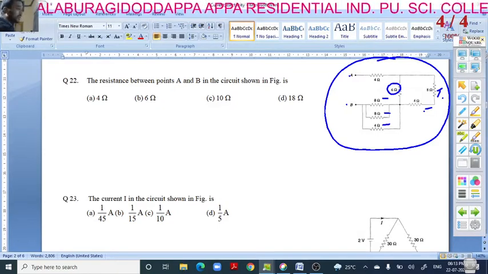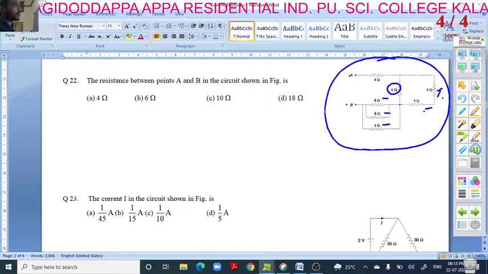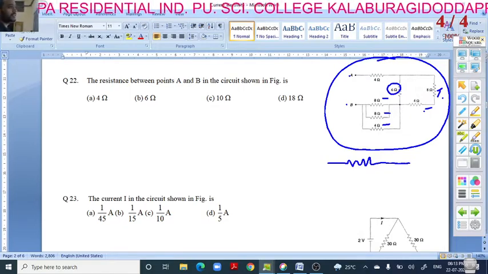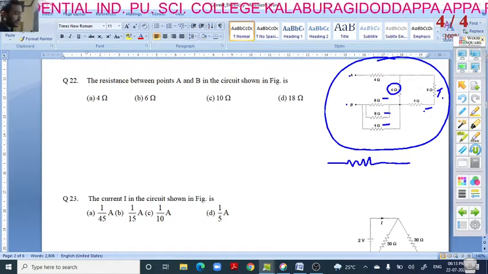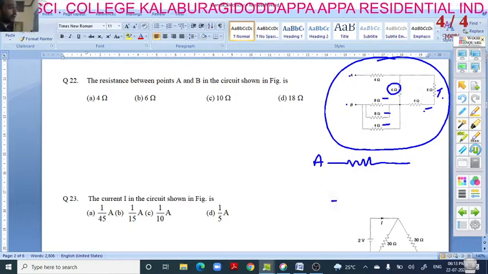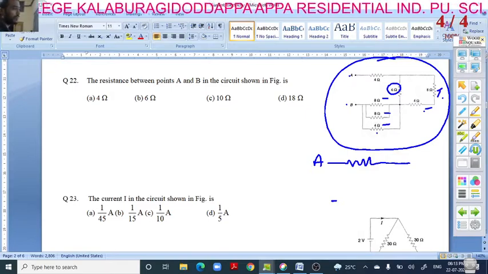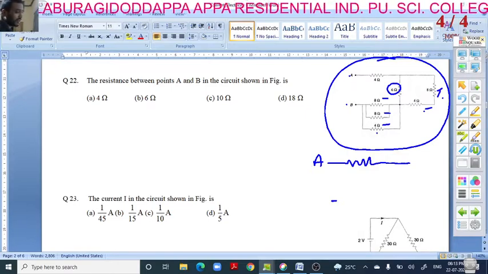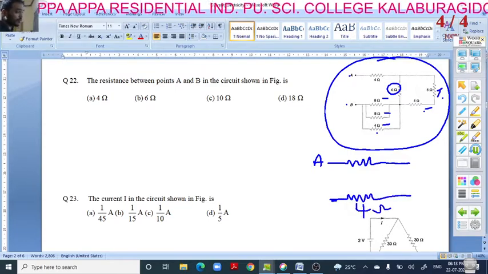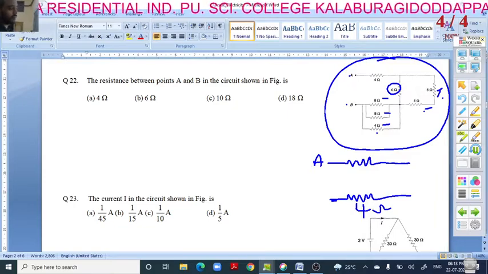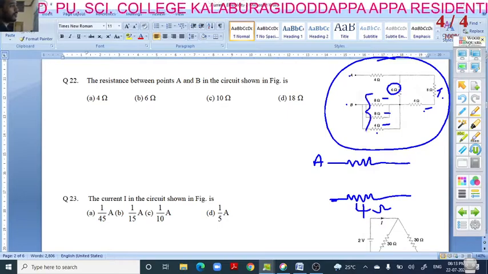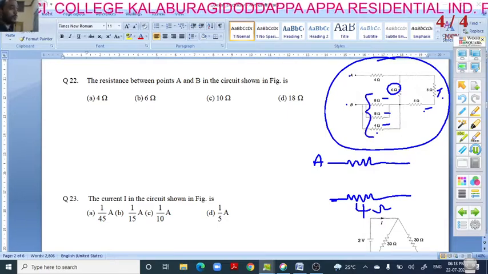See here, the equivalent of this figure I am going to draw. The 4 ohm remains as it is, and say this is point A. Here this 8 ohm is parallel with this 4 ohm. By simplifying, the new resistance will be 4 ohm, just applying the parallel formula, right?